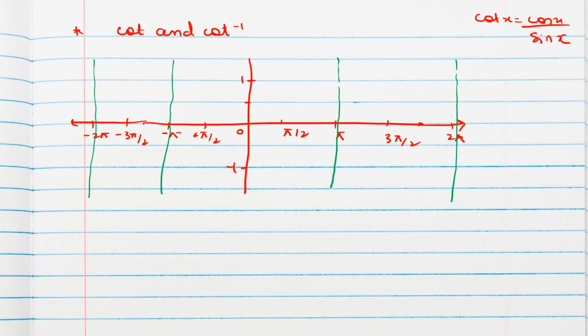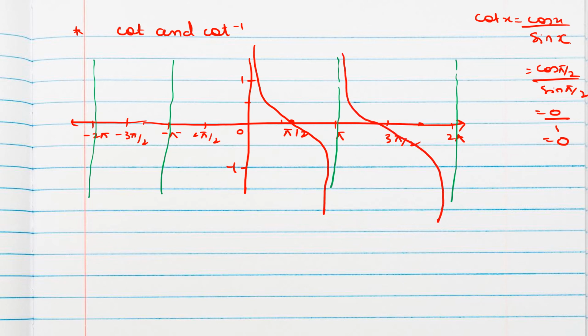And at 0, also it will be undefined. At pi by 2, it will be 0, because cos pi by 2 by sine pi by 2, if we keep, 0 by 1 means 0. So at pi by 2, it is 0, and at 0 it is undefined, at pi it is undefined. So like this, each curve will come for cot.